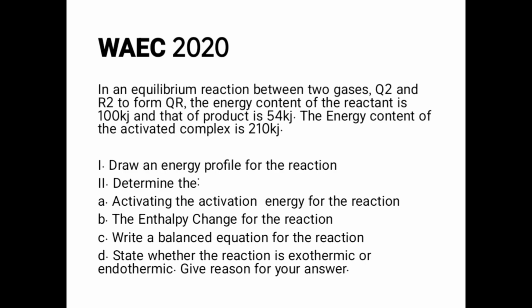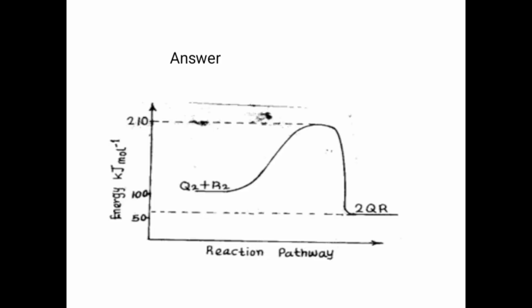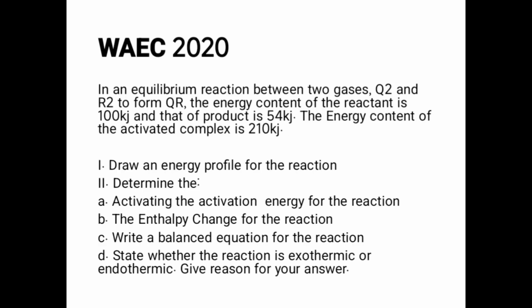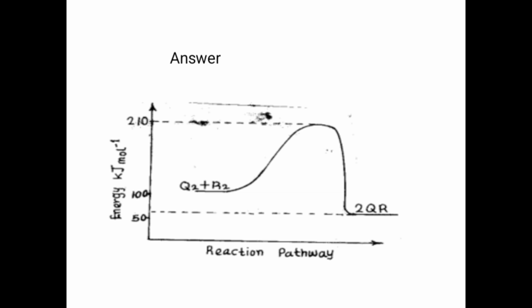The energy content of the reactant is 100 kilojoules. You can see here, it moves from 100 to 54, and that of the product is 54. Then the activated complex is 210. So this is the energy profile diagram for that reaction.